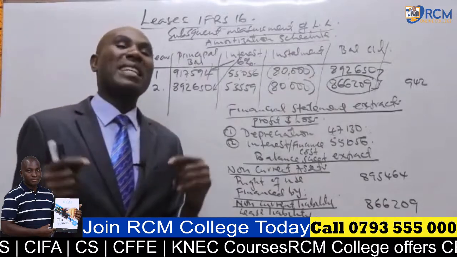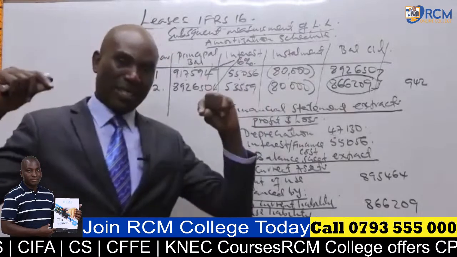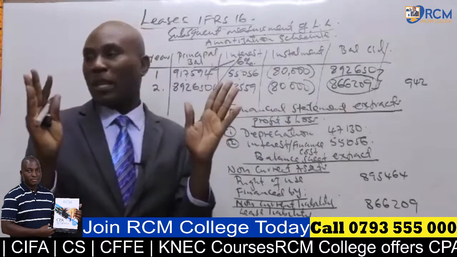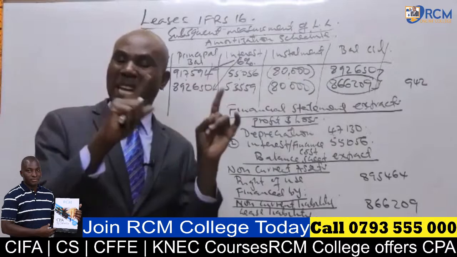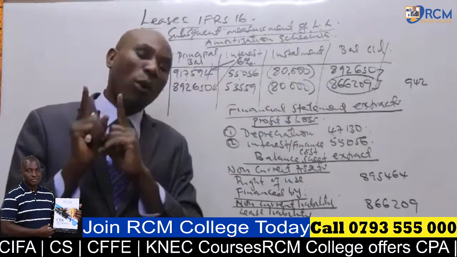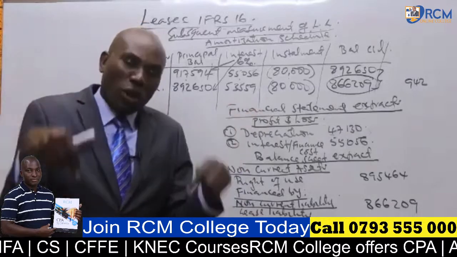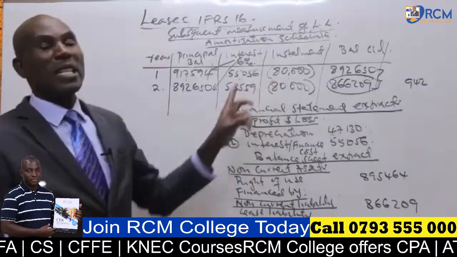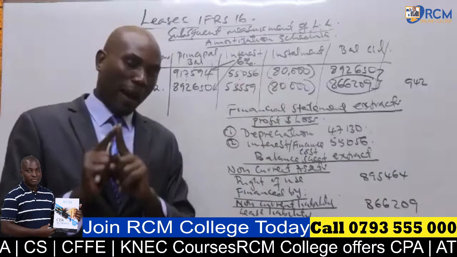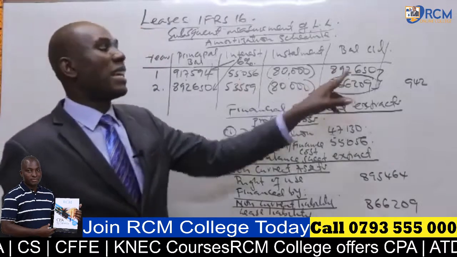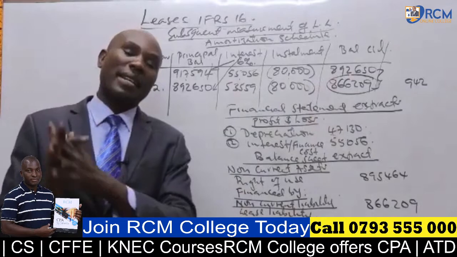But if payments are made in advance, listen very carefully. If the examiner wanted year 1, you prepare for that year 1. Then the installment, like this installment, becomes the current liability, and the balance at the end becomes the non-current liability.